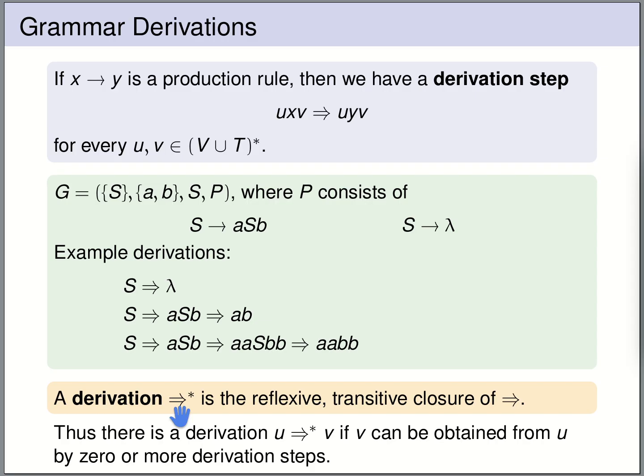So it can be an arbitrary number. It could be an empty derivation of 0 steps, or 1 step, 2 steps, or any higher number of steps. So in this example, we have a derivation from S to lambda, we have a derivation from S to ab, we also have a derivation from S to aabb, and so on.